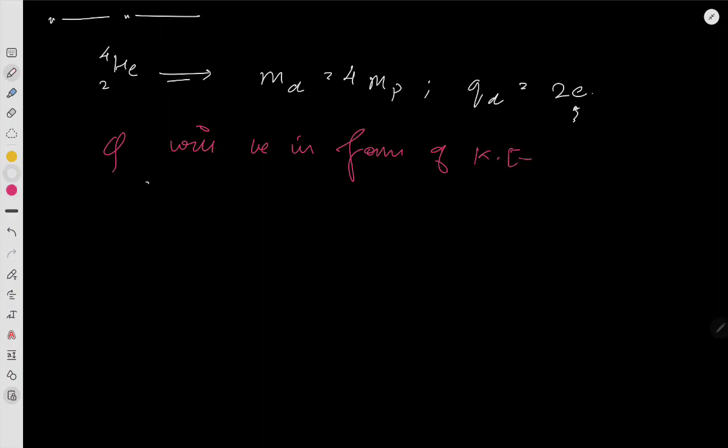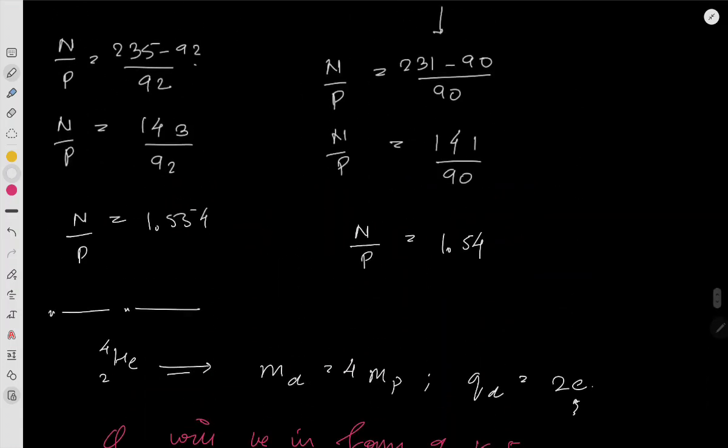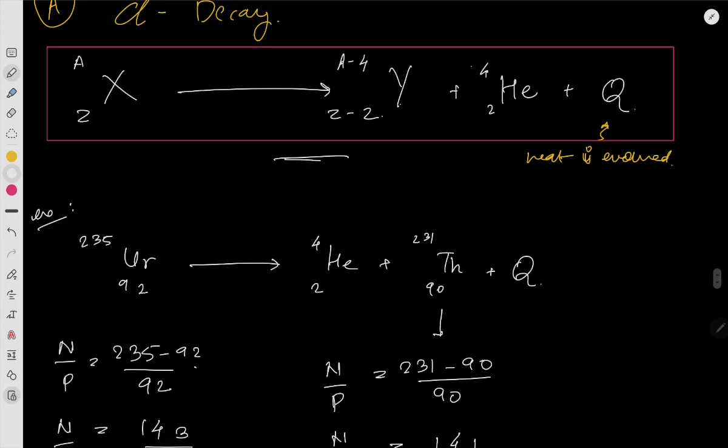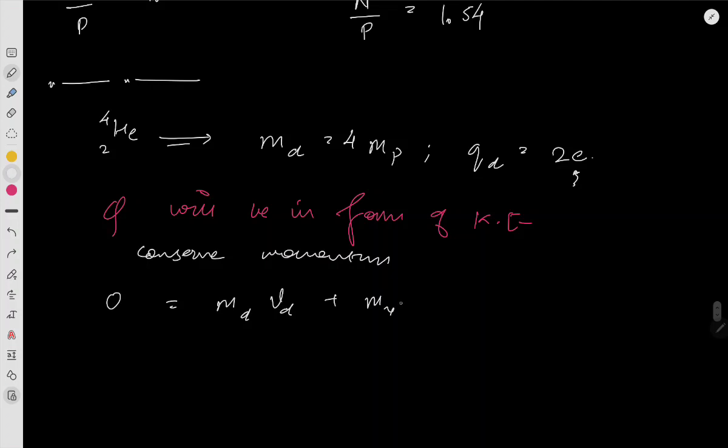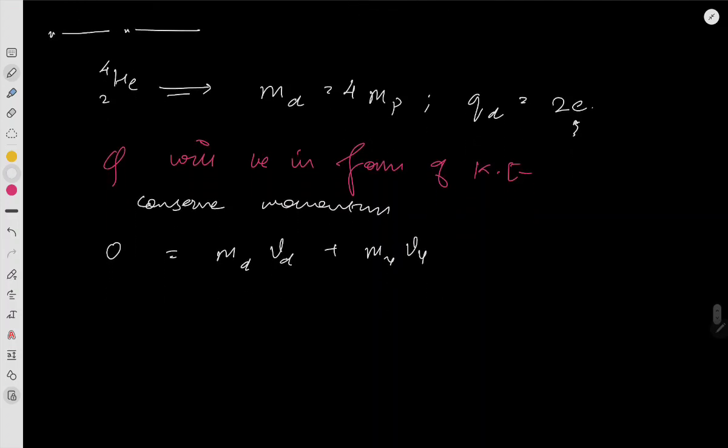And I'll conserve energy. I'll first conserve the momentum. Initially, momentum was 0, and finally it becomes mass of alpha into v of alpha plus mass of y into velocity of y.